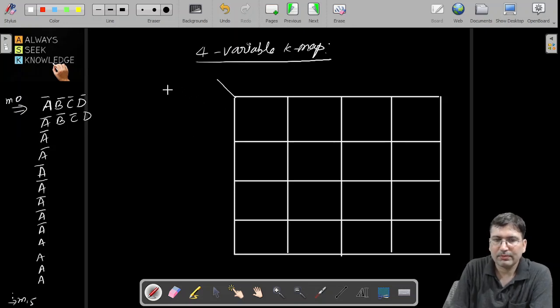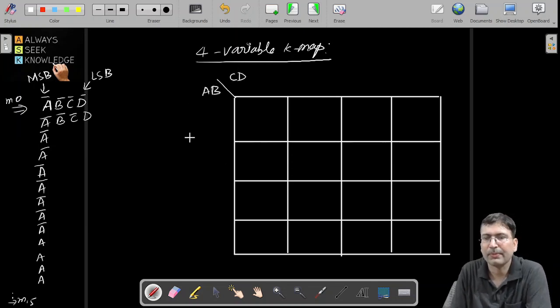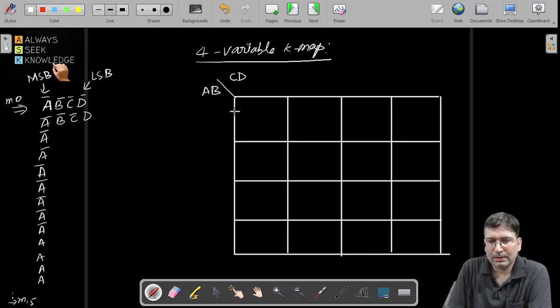Now we need to see the arrangement here. Let's say this is, I'm considering A as MSB, and D I'm considering as LSB, least significant bit. So CD this side I'm taking and AB this side I'm taking. Now the combination we can form in the same manner.